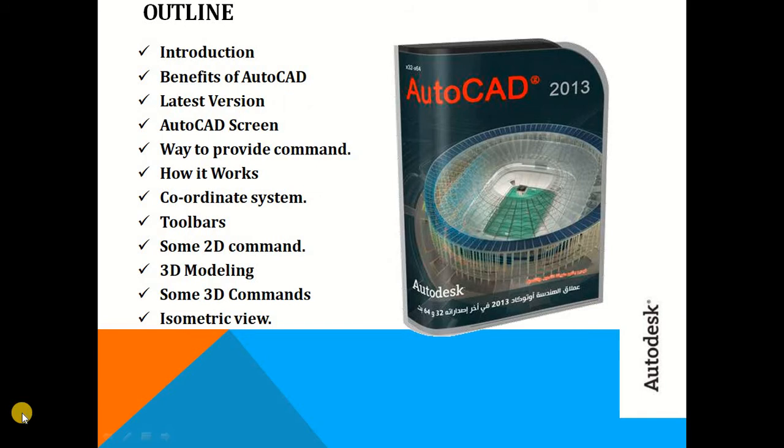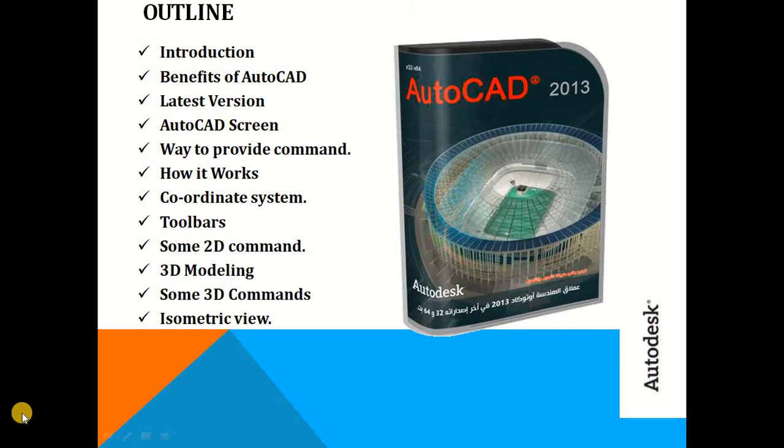So outline, in this video we are going to briefly discuss the introduction, benefits of AutoCAD, latest version, AutoCAD screen and some commands and initial setup that is required to start the drawing.